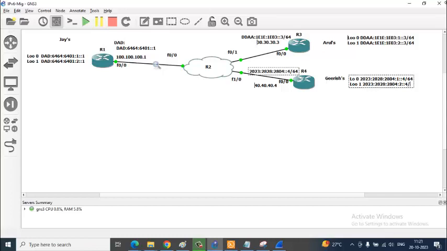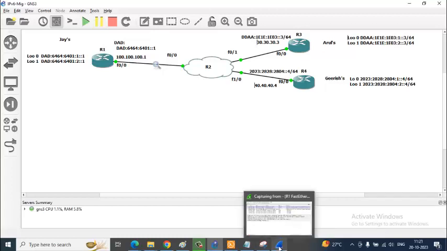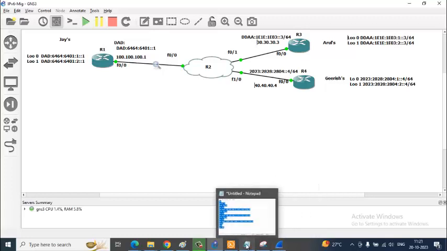That's it. Now all that I need to do is to apply this and test it. No need of a routing protocol because I have already written a default route. If you wish to have a routing protocol, very well, you can do that. Now I'm going to use the default route which I already have.